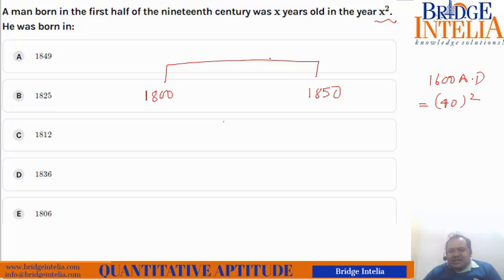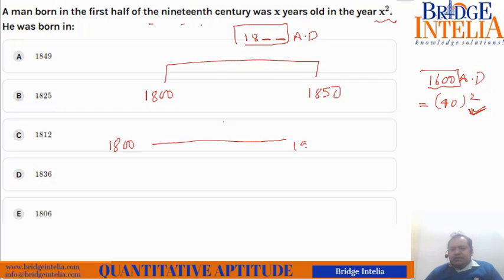So there must come a particular date, that means 1800 something AD, which is a perfect square. Just like 1600 was a perfect square, the square of 40, similarly somewhere in the 19th century, there must come a date which is a perfect square.